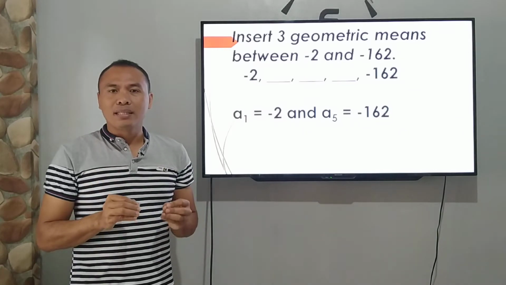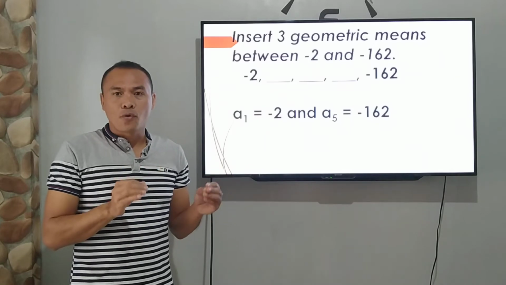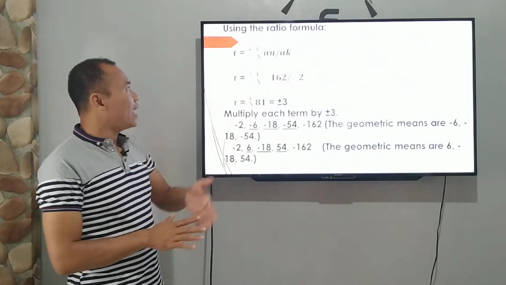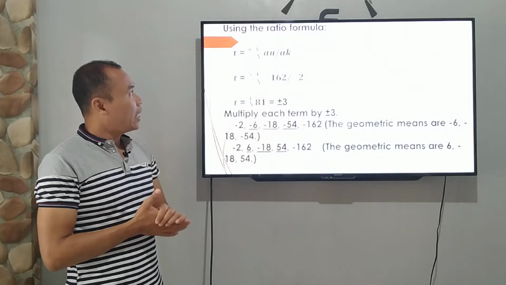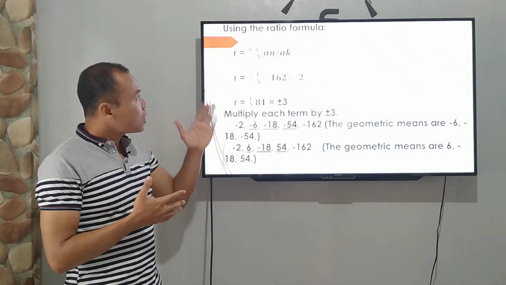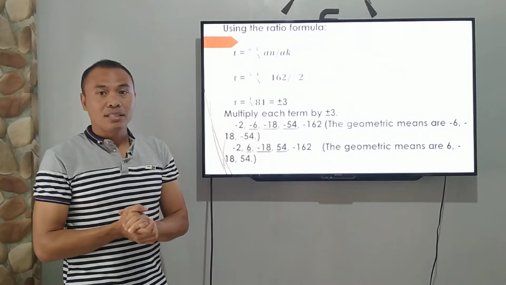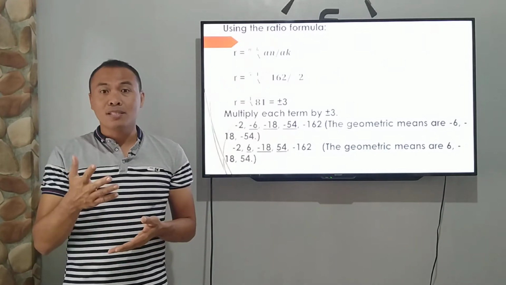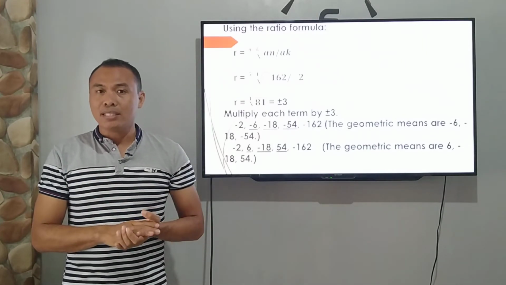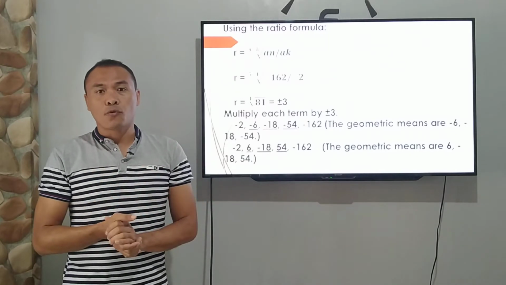Dito, malalaman natin na different ang ating gagamitin na formula. So, we have the formula, r is equal to the (n minus k) root of a sub n over a sub k. Ang a sub n natin is the last term and a sub k is the first term.